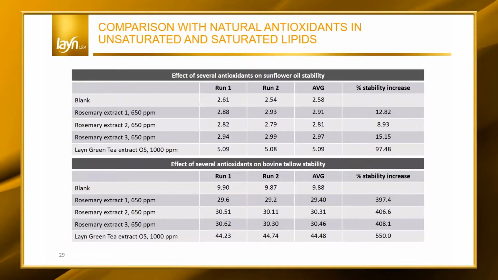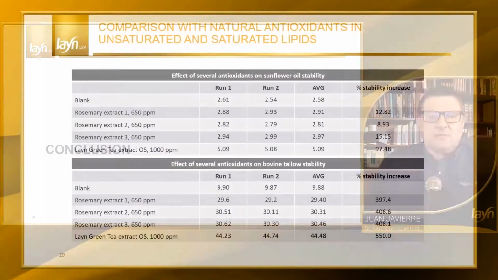When we tested against tallow, all 3 rosemary extracts had a very similar activity, about 400. But green tea, again, outperformed those, achieving a whopping 550% increase in tallow stability. So, again, there are differences between antioxidants when they are natural.